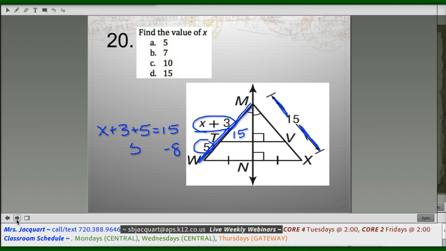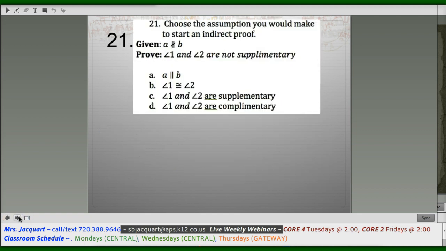Oh my goodness, this thing is frustrating. And then we get x equals 7. Cool. Okay, choose the assumption you would make to start off an indirect proof.